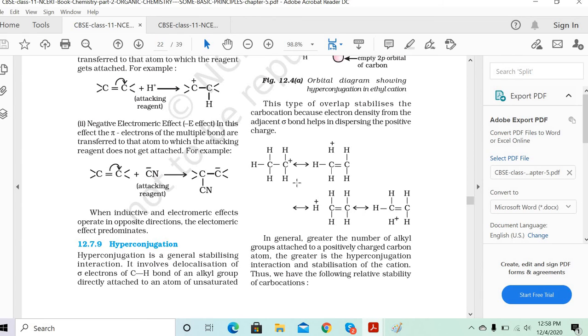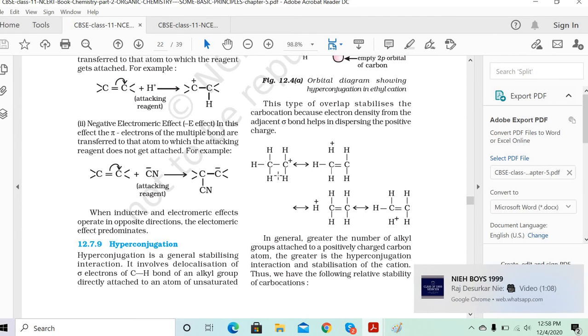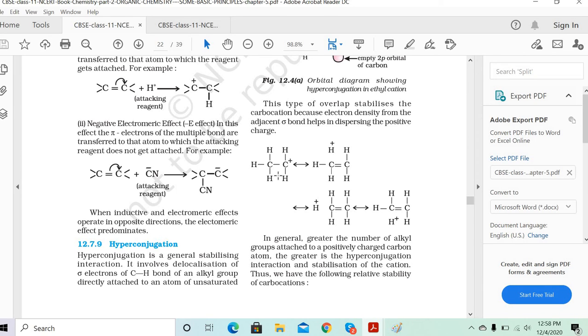Now this is the ethyl one. In the ethyl, you see that the second carbon has a positive charge on it. Correct? Now, as we discussed, in hyperconjugation, what will happen? The carbon which has a single bond with the hydrogen, that bond will get broken, and this carbon atom takes the electron from the hydrogen and forms the double bond with the other carbon atom.